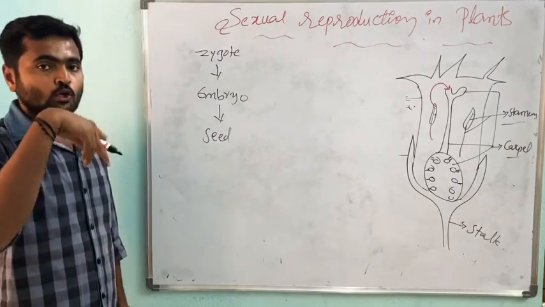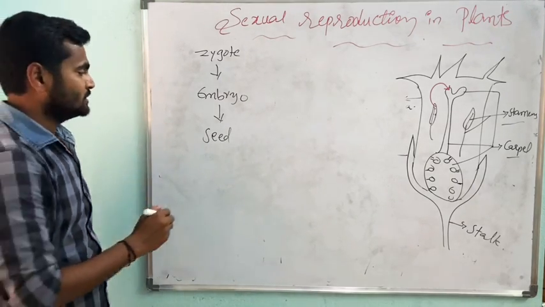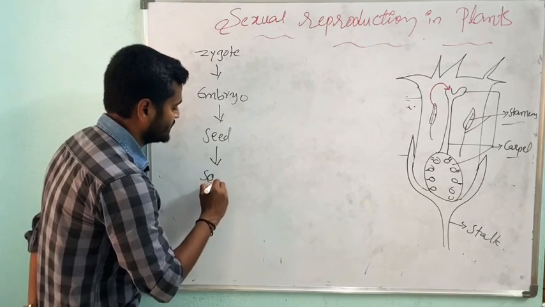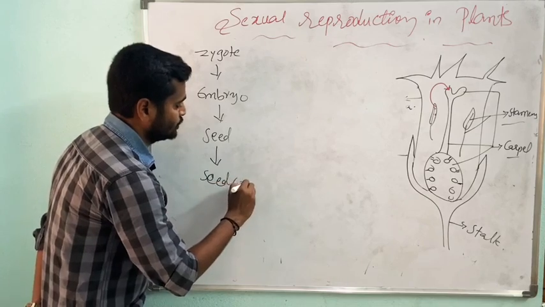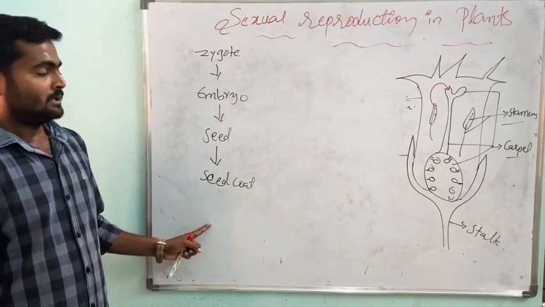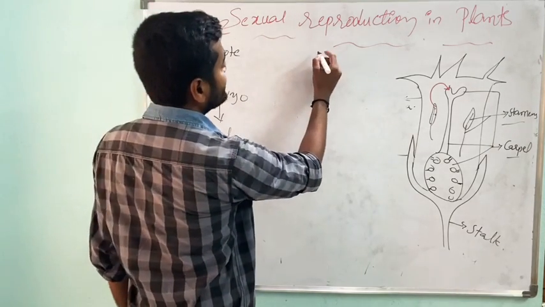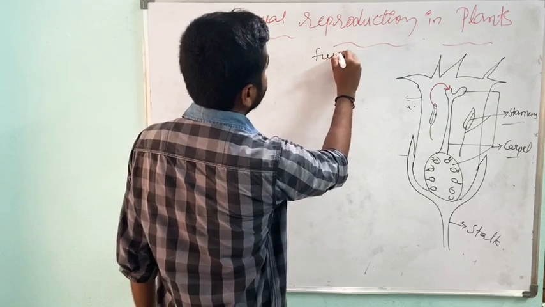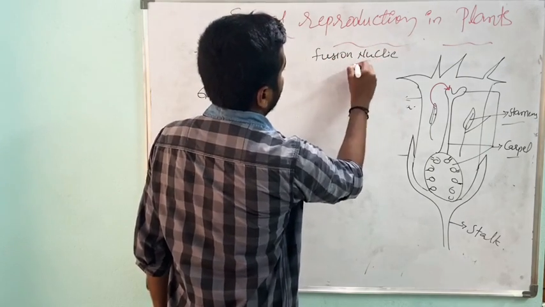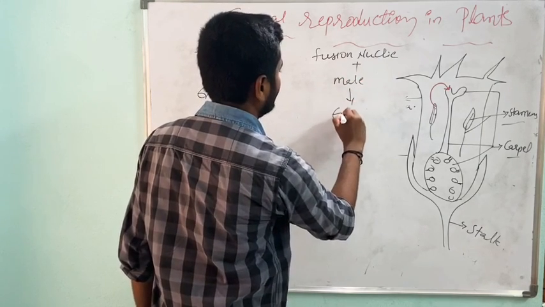Now the ovule develops a thin tough coat, so that ovule coat is converted into the seed coat. So this is about fertilization. Now what does the fusion nucleus plus a second male nucleus produce?